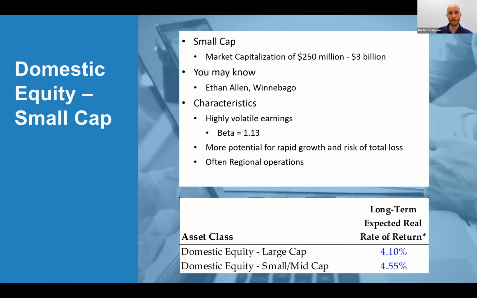And so, going down to the bottom of the screen, you see that domestic equity, our small and mid cap. When we put this on your OPEB or pension valuation, small and mid cap get combined, and we have an average or expected return of 4.55%. Now, one thing that's interesting to look at is if we were to take a small and mid cap beta and put them together, and we might be about a beta of 10%.